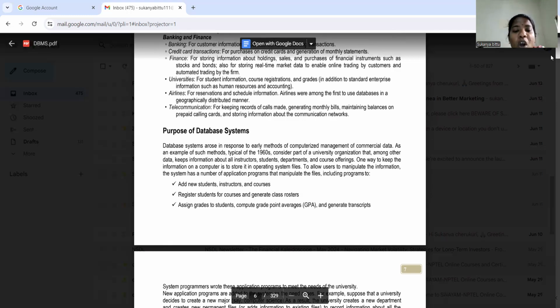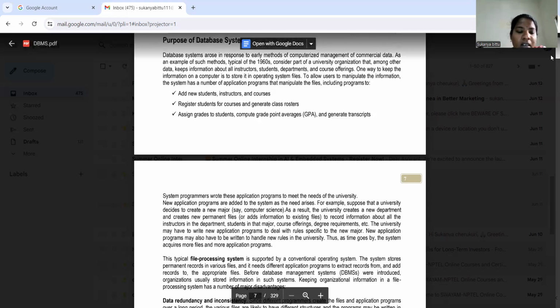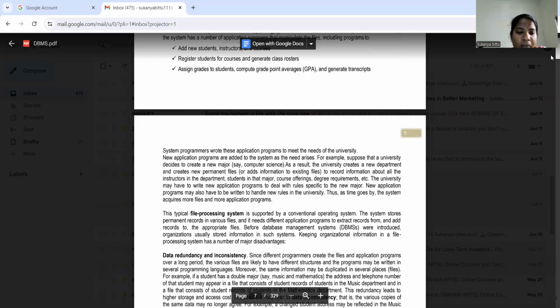The system has a number of application programs that manipulate the files, including programs to add new students, instructors, and courses, register students for courses, generate class rosters, assign grades to students, compute grade point average (GPA), and generate transcripts. These are the main purposes of a database.